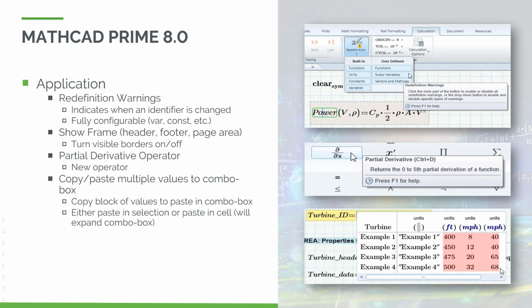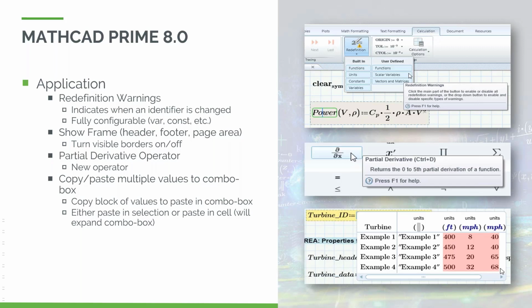Application updates in Prime 8 include the ability for the application to warn users when identifiers are redefined in the worksheet. This is functionality very familiar to legacy Mathcad users. They've been asking for this for a while. Identifiers can be any item in the worksheet, user or system defined, that are defined as a specific value.